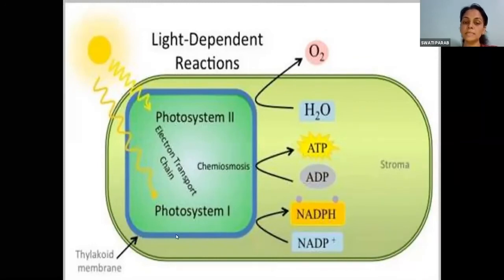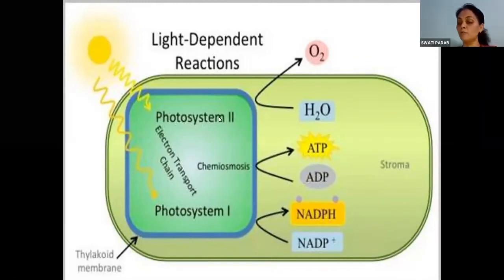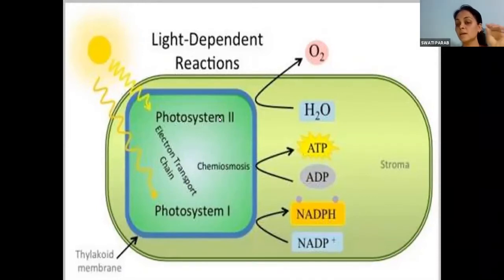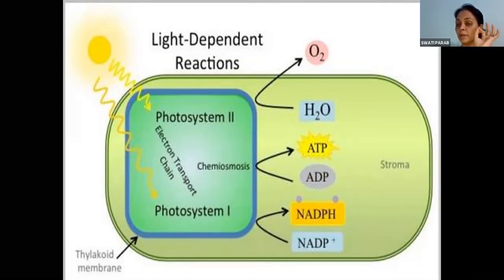And one more thing, just listen here. This photosystem 1 and photosystem 2 are special chlorophyll molecules themselves. These are chlorophyll molecules of a special type, P680 and P700, which are meant to trap the light energy and release an energy rich electron. So these are nothing but special type of chlorophyll molecules itself.